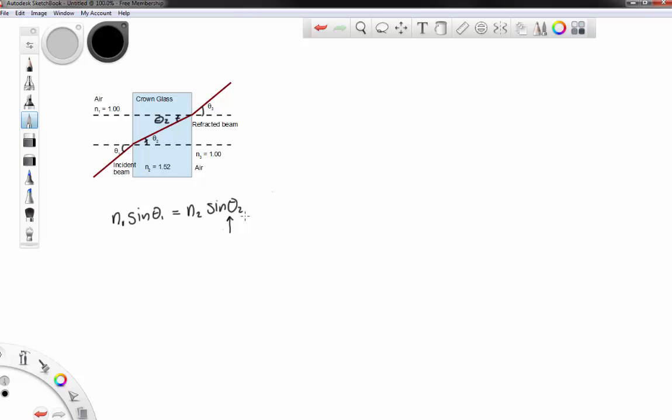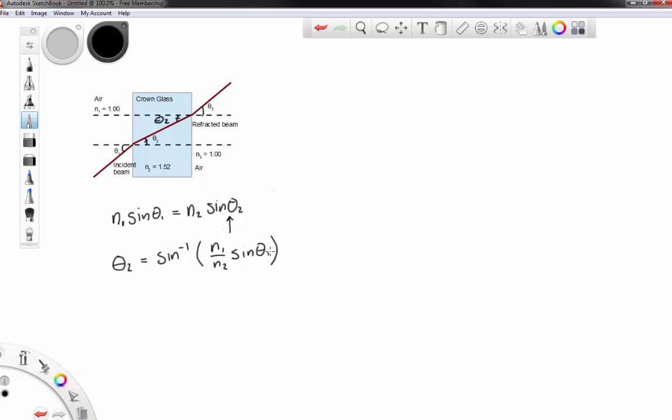So what was the final equation that we had there? It was theta 2 is equal to sine inverse of N1 over N2 sine theta 1.